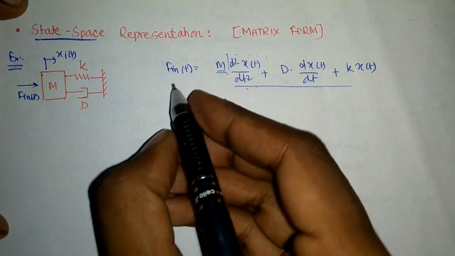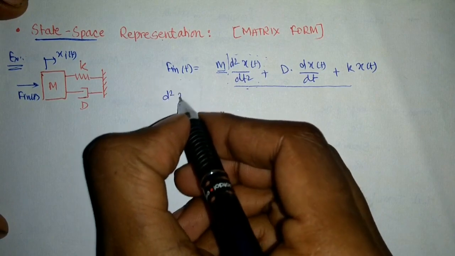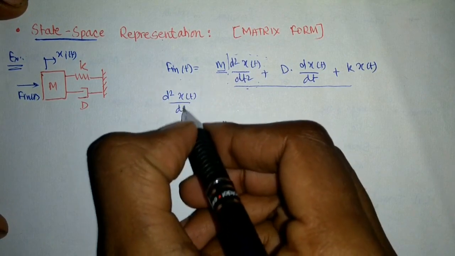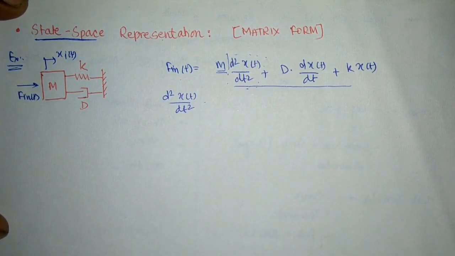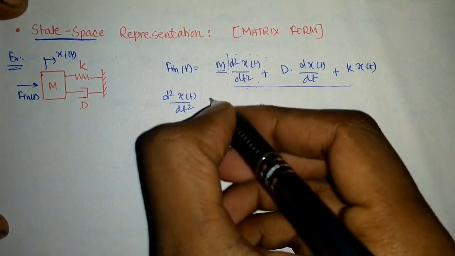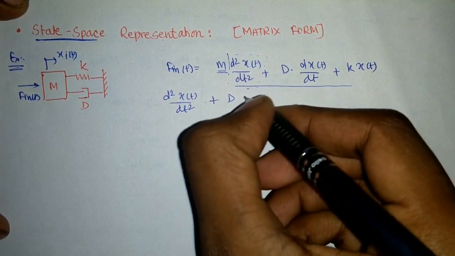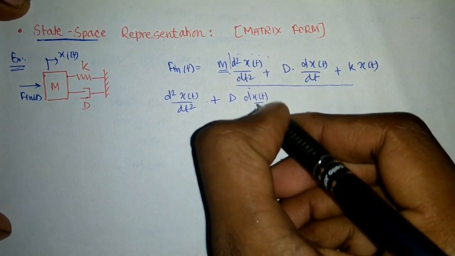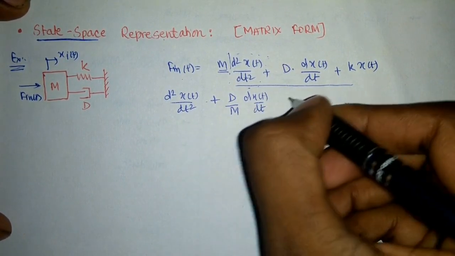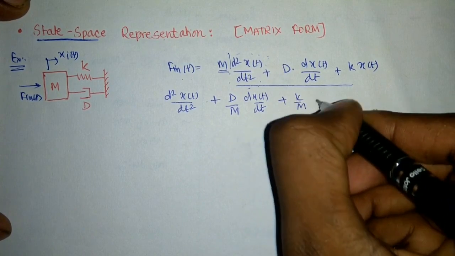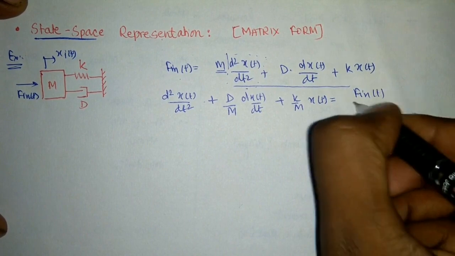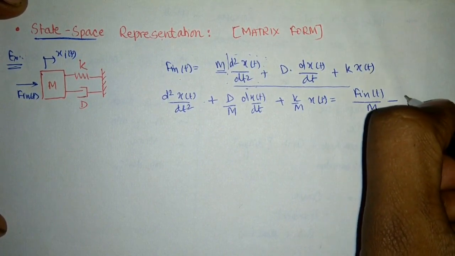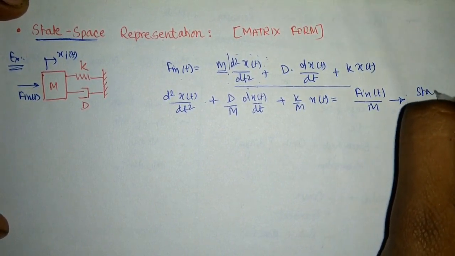So I'm going to rearrange it, so it will become d²x(t)/dt² plus d times dx/dt, with m getting divided over here, plus k/m x(t), and that will be equal to F_in/m.